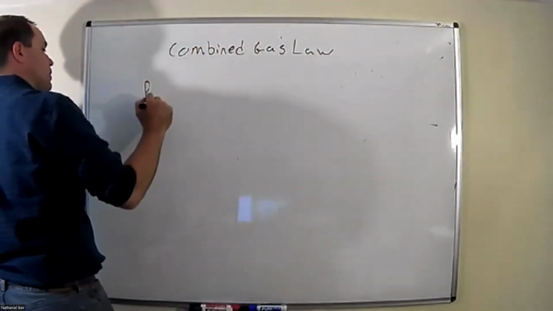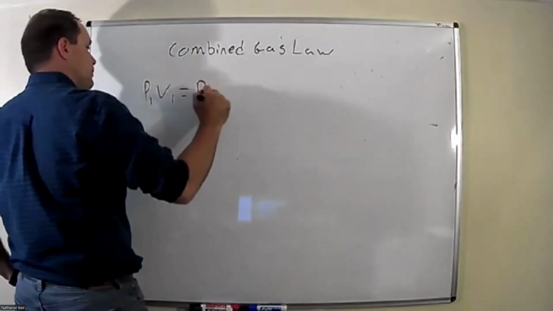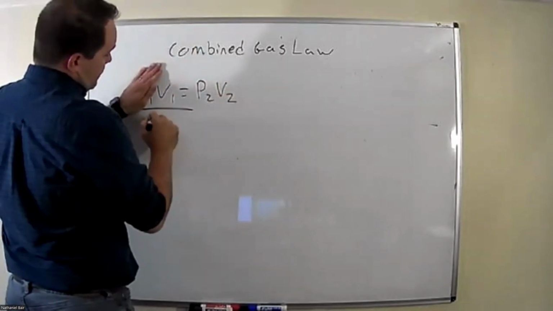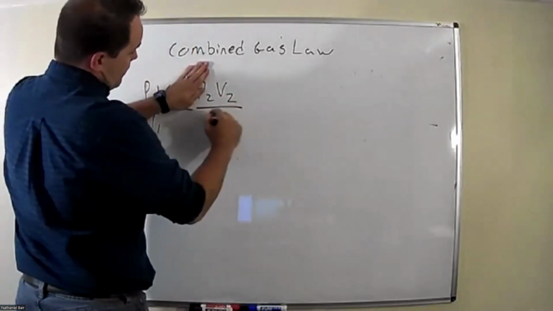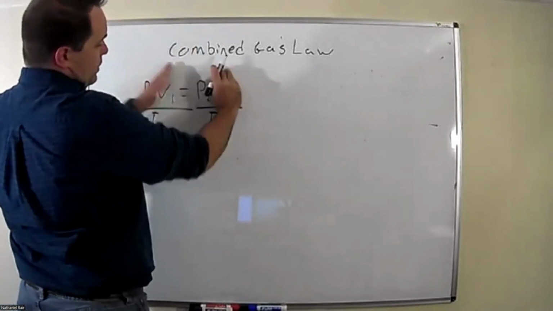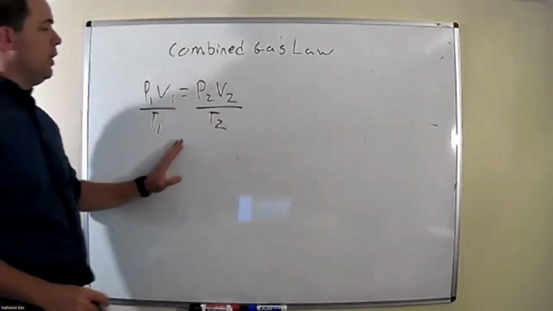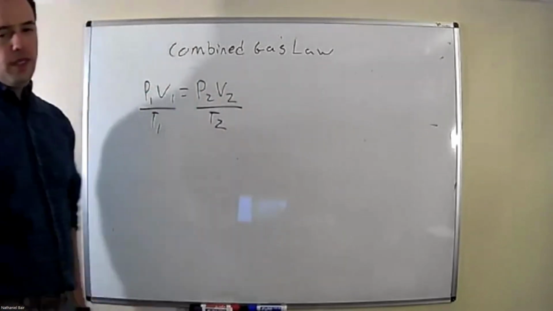The combined gas law takes Boyle's law, Charles's law, and Gay-Lussac's law and combines it. And you end up with P1 V1 over T1 equals P2 V2 over T2.